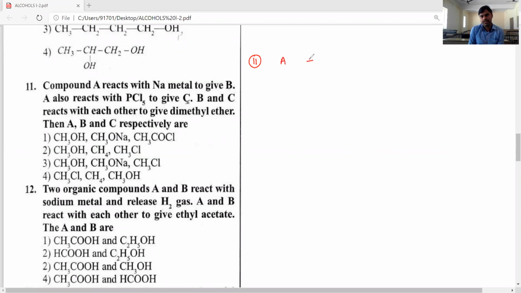A reacts with sodium metal and forms one product, that is B. In the same way, A also reacts with PCl5 to form C, and B and C combine to form dimethyl ether, CH3-O-CH3. This dimethyl ether means it is Williamson ether synthesis.